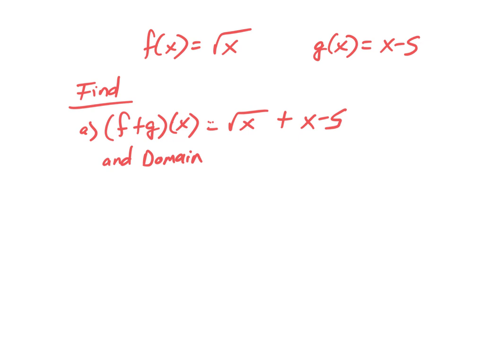Now, the domain, what values of x are we restricted to? Okay, we can't have negatives, right? Because I can't take the square root of a negative. So what values of x would be okay here? 0 to infinity. Good. Okay? Because I can take the square root of 0, and I can take the square root of anything bigger than 0, but this square root sign right here is the part that makes it a little bit different for my domain.